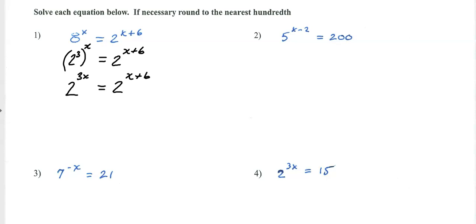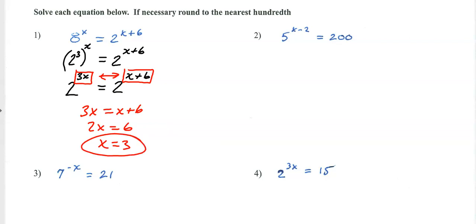As long as they have the same base, the powers have to be equal to each other. 2 to the something equals 2 to the something, so these have to be equal. So I'm just going to go right into normal algebra here. Subtract x from both sides, divide by 2, and I get an answer of x equals 3.